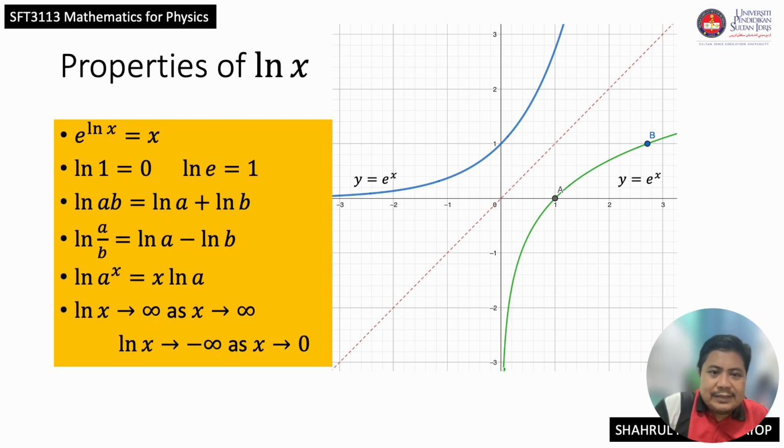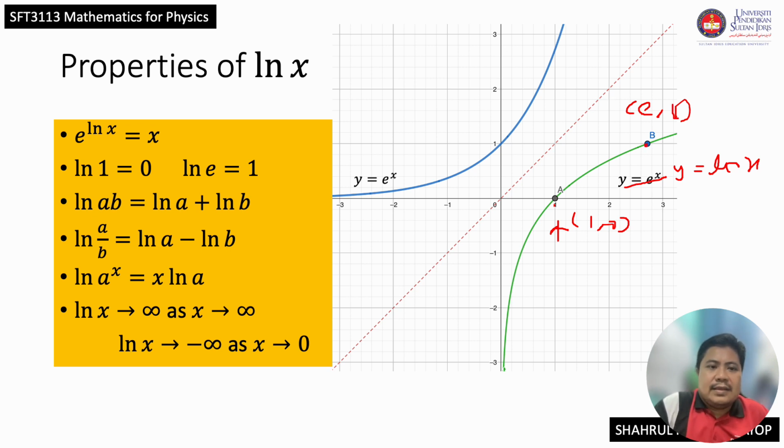If we look at the graph, sorry, this is also wrong, this is y equal to ln x. If x equals 1, you see that this is the point (1, 0). And ln e equals 1, so this is the point (e, 1).